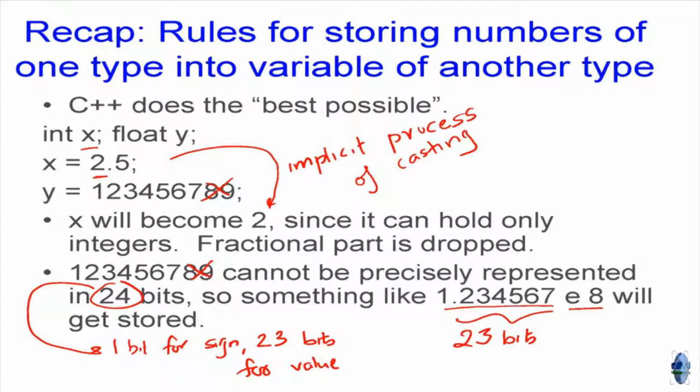Okay, we will see more on casting later. The fractional part is dropped. Now what will happen to y? y is a float. You can assign an integer value to a float, but what happened? 1, 2, 3, 4, 5, 6, 7, 8, 9. How big is it?